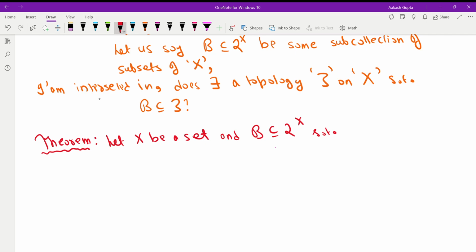Number one, for any small x in capital X, there exists a member of script B, say B_x, such that this x belongs to this B_x. Why have I written the suffix x? Now you know the way I write.